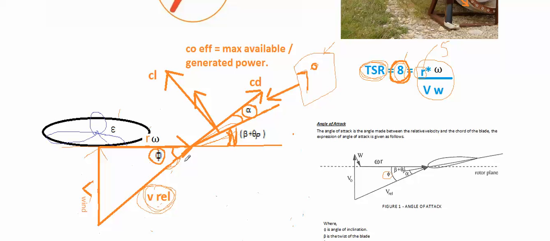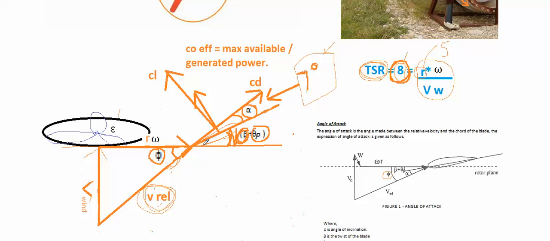But if the tip speed ratio changes, we should have some tool in our hand by which we can compensate for the change in tip speed ratio for which the blade is being designed.